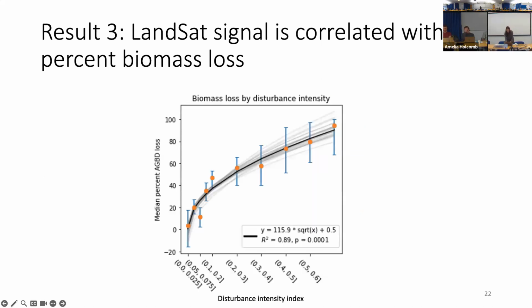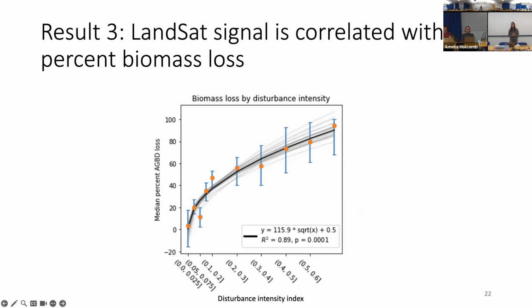So we evaluated whether there was any relationship between that metric and GEDI measured percent biomass loss. Again, this is the aggregation. I can group disturbances by their intensity, and then look at the median percent biomass loss in that group.